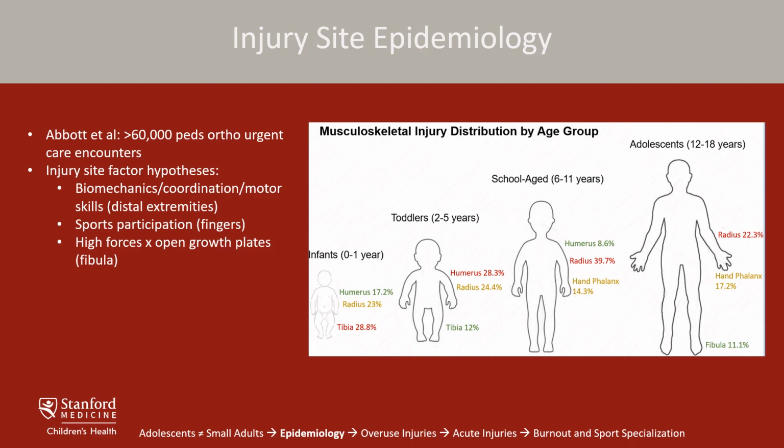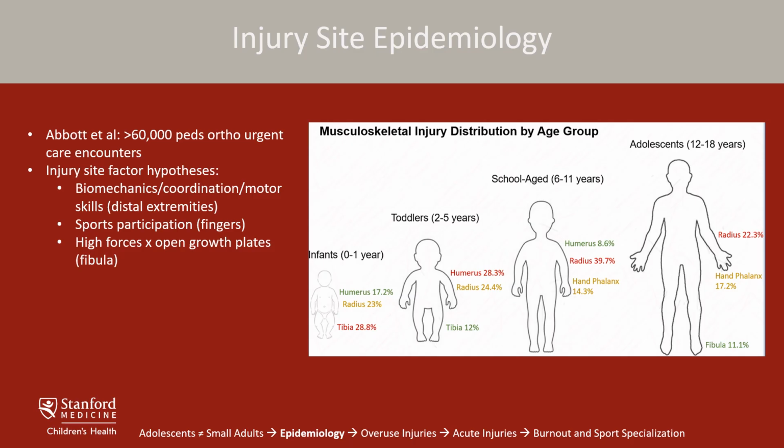Children seem to switch from falling off of changing tables to injuring themselves playing sports, and they also seem to gain coordination with time. You can see that illustrated by the fact that they're injuring more distally, and imagine that the more coordinated older children are stretching out their extremities before they're falling.